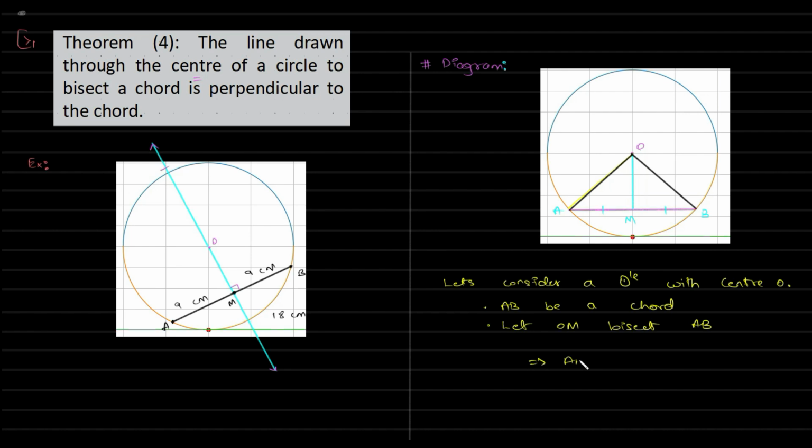This implies AM is equal to MB. Right? Then what else? That's it. So we need to prove AB is perpendicular to MB. And now the proof.